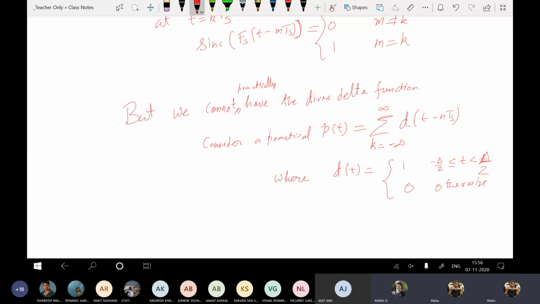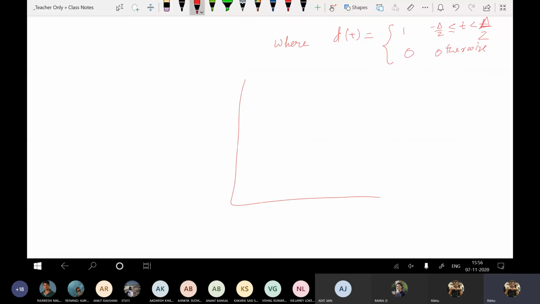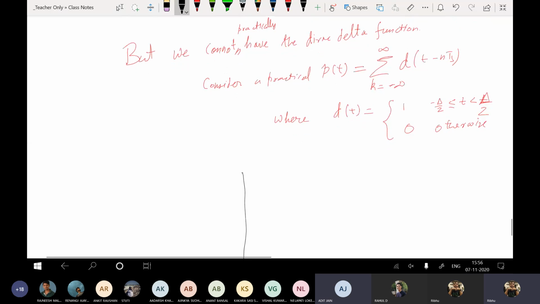So basically what you are doing here is, suppose this is your signal. Shouldn't it be 1 by delta, or only 1? You can have it 1. We are not approximating the delta function.